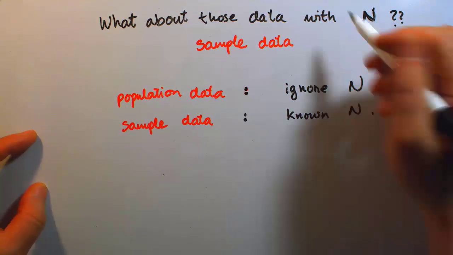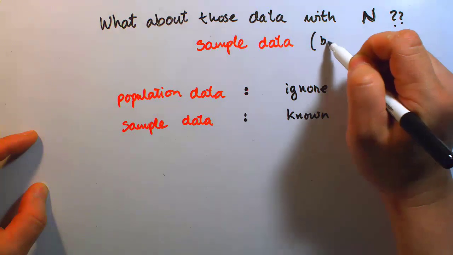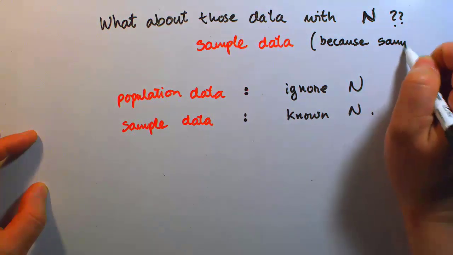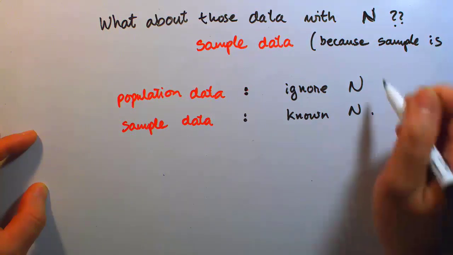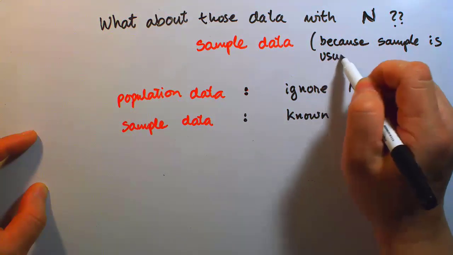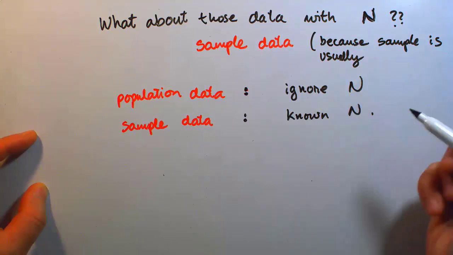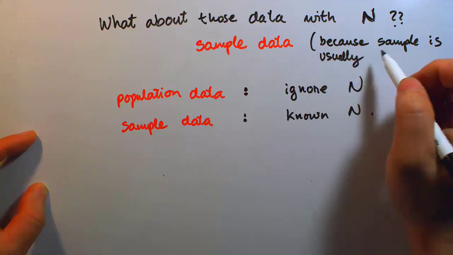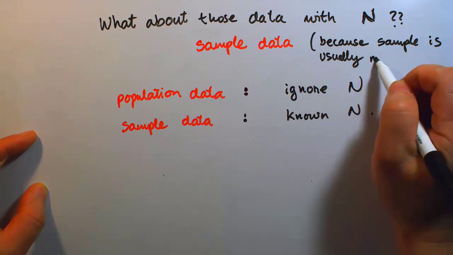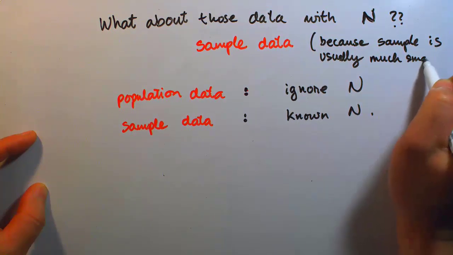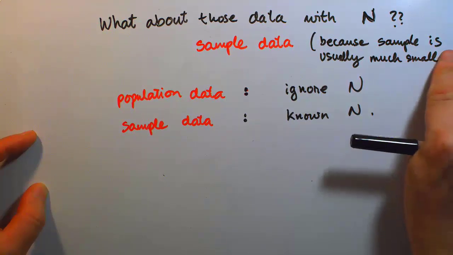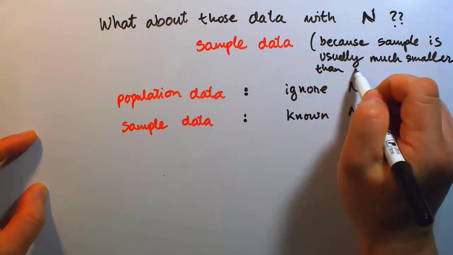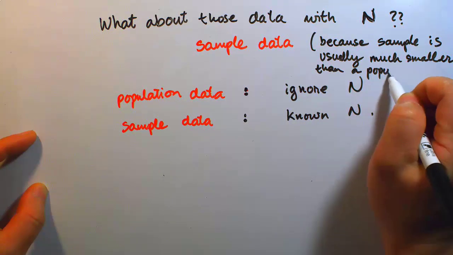And the reason for this is that a sample is usually, and that's the whole point, we can never pick a sample as large as the entire population. It is usually much smaller than a population.